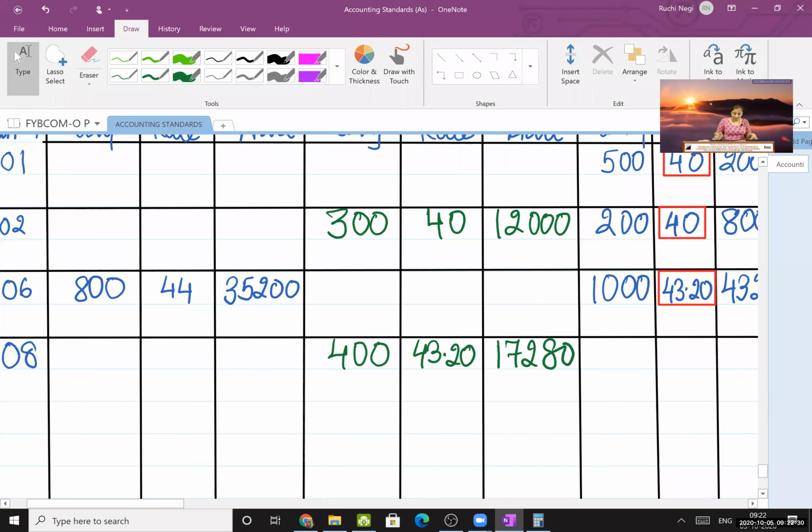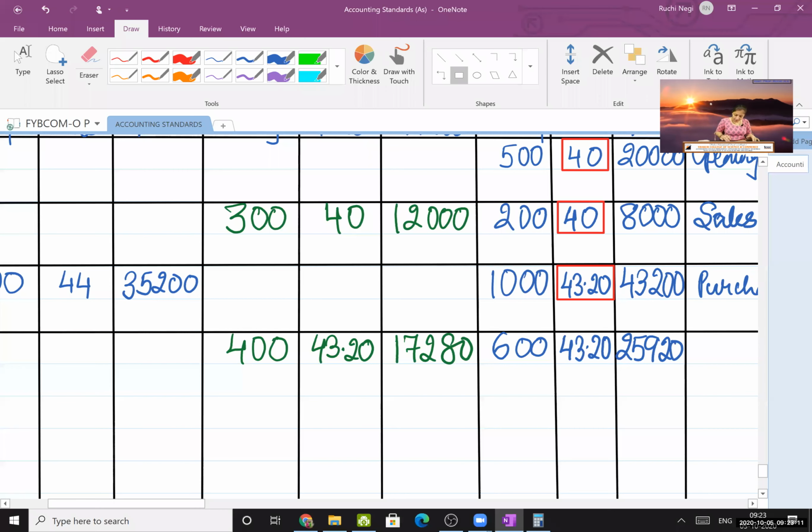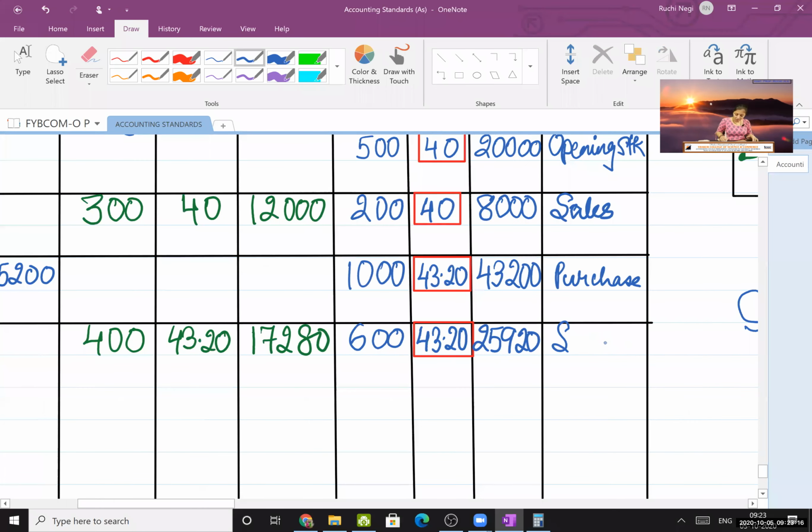Then divide this by 600. 43.2. Coincidentally, it is the same. Box the weighted average cost. Reason, write down sales. Draw a line.